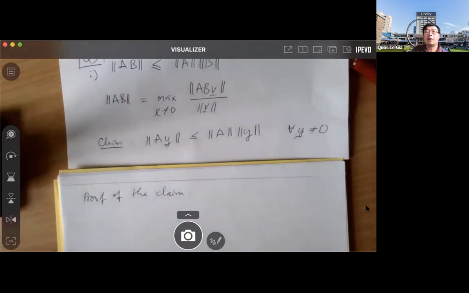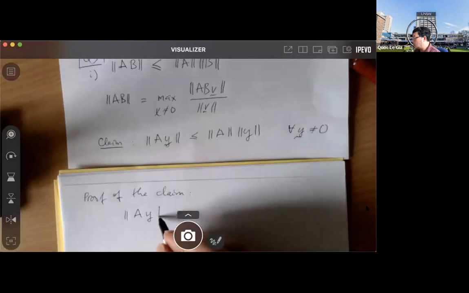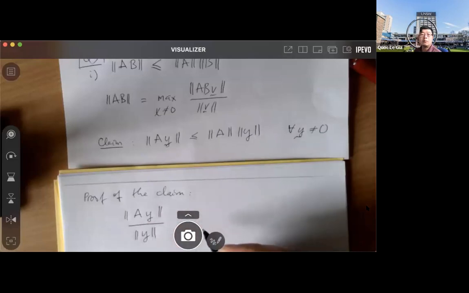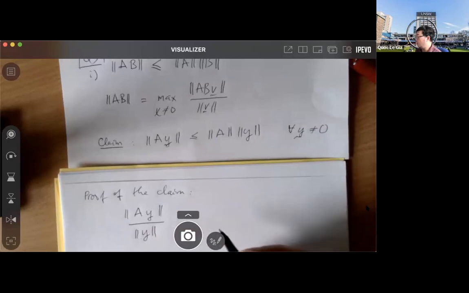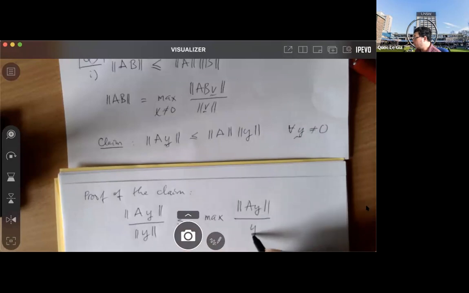So suppose I have a non-zero vector Y. Then I can take this ratio. This ratio on Y is less than or equal to the maximum value over the possibilities.